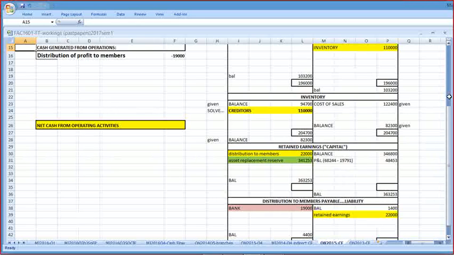Make sense? Yes, that's distribution. Operation. So it's 19,000.